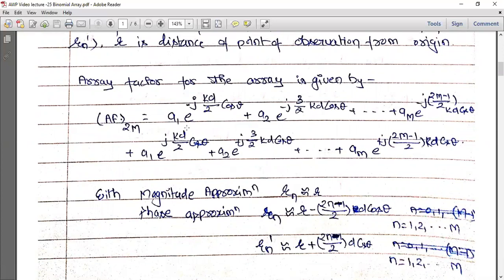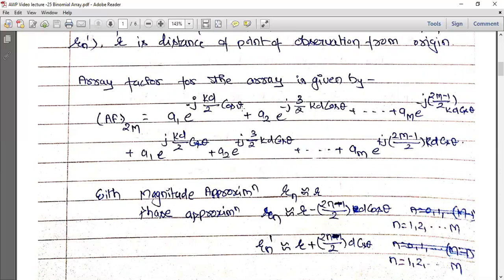So for the first antenna, the component in the array factor expression is a1 e to the power minus jk d by 2 cos theta. For the second element, it is a2 e to the power minus j 3 by 2 kd cos theta. And for the mth element, this becomes e to the power minus j (2m minus 1) by 2 kd cos theta.